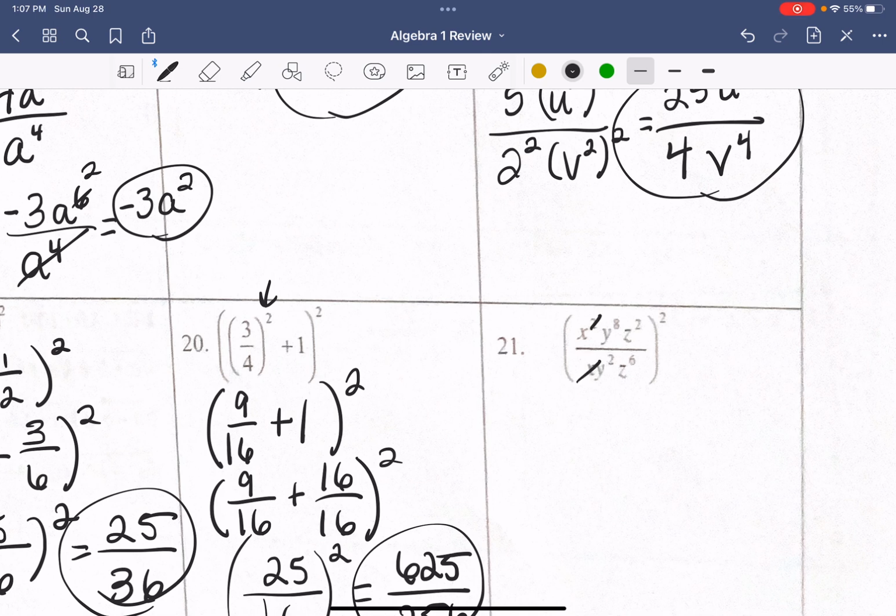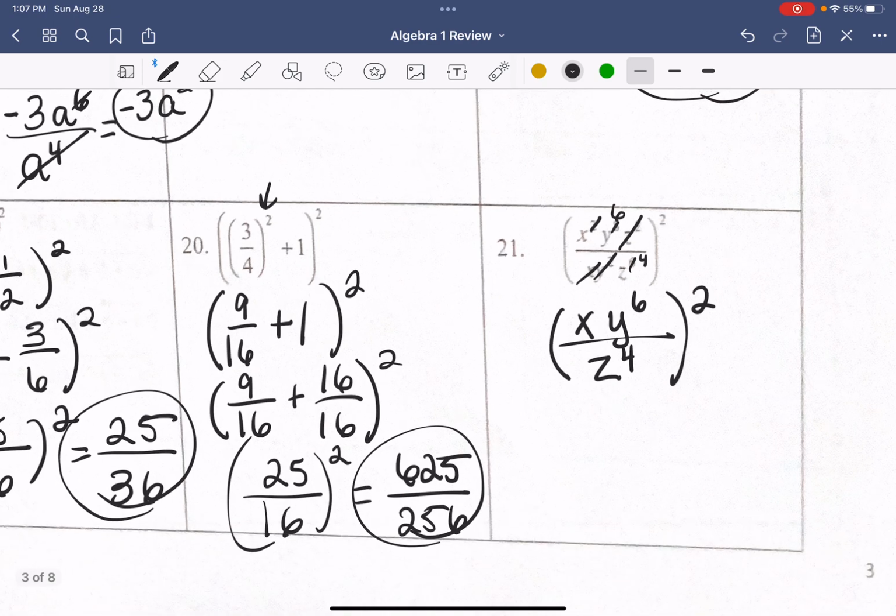So that just turns into a regular x. The y squared cancels out, and then this turns into y to the 6th power. And then the z squared cancels out completely, and that turns into z to the 4th power. So we should be left with x y to the 6th power over z to the 4th power, all squared.